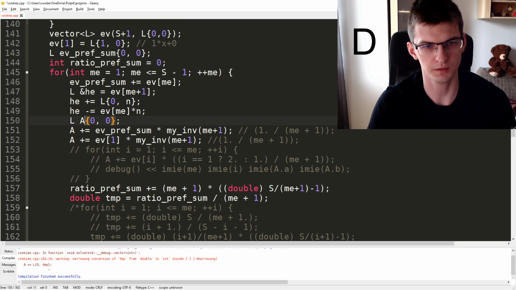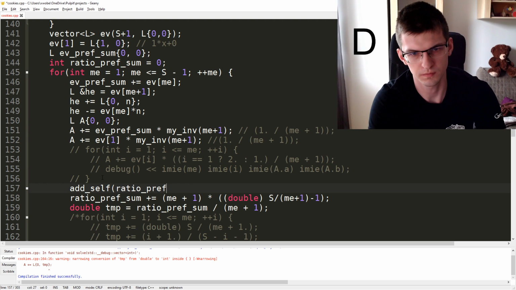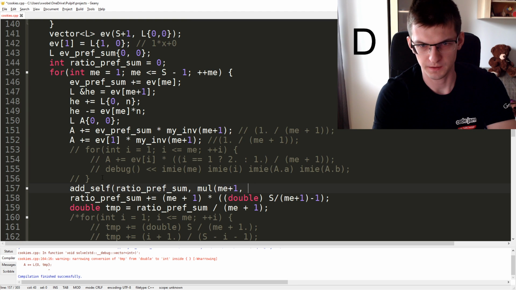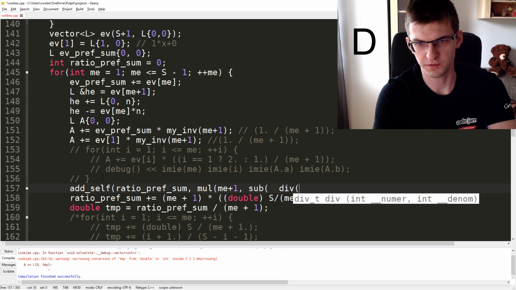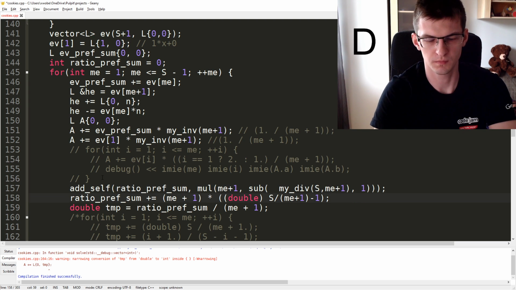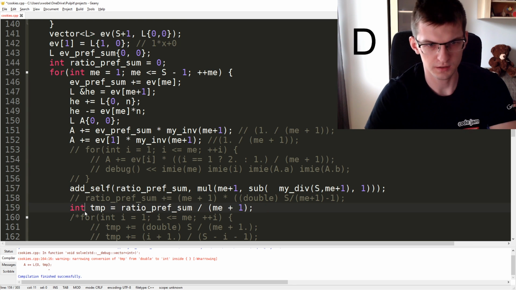A is L, but this is not self. Multiplication of me plus 1 and division and subtraction of division and a 1. I need add self, I will add that at the end.